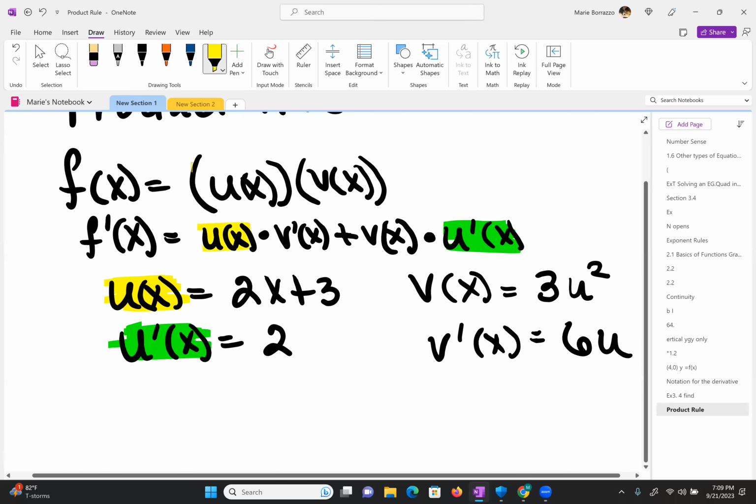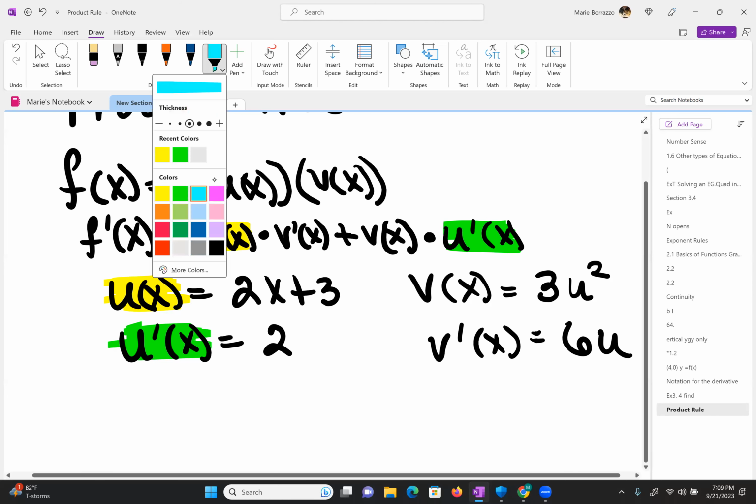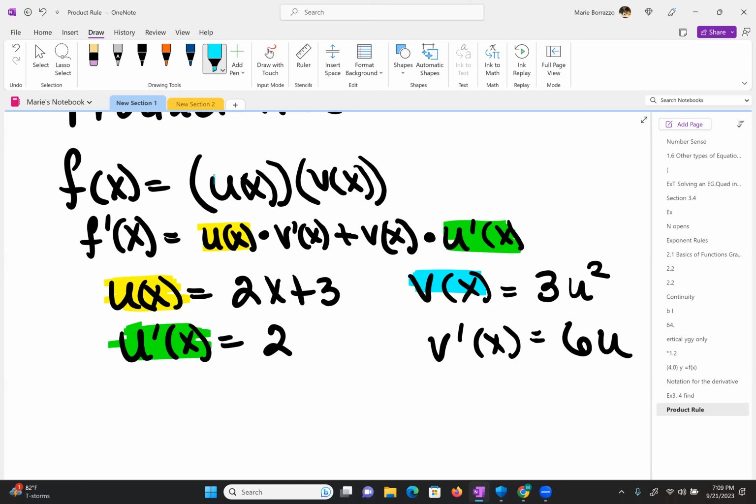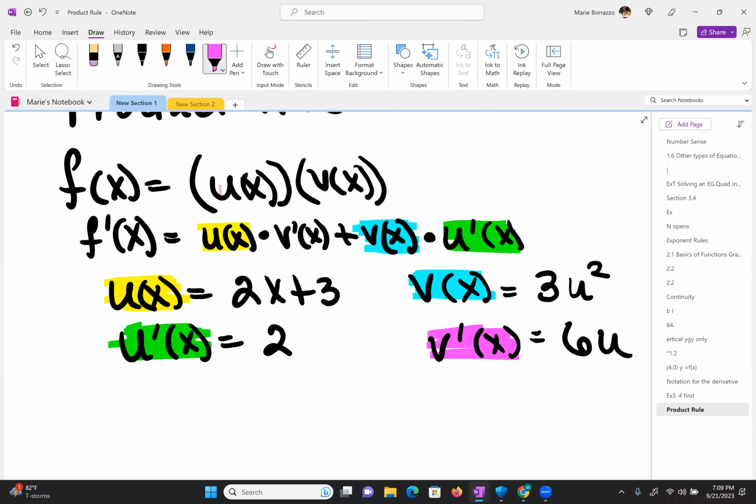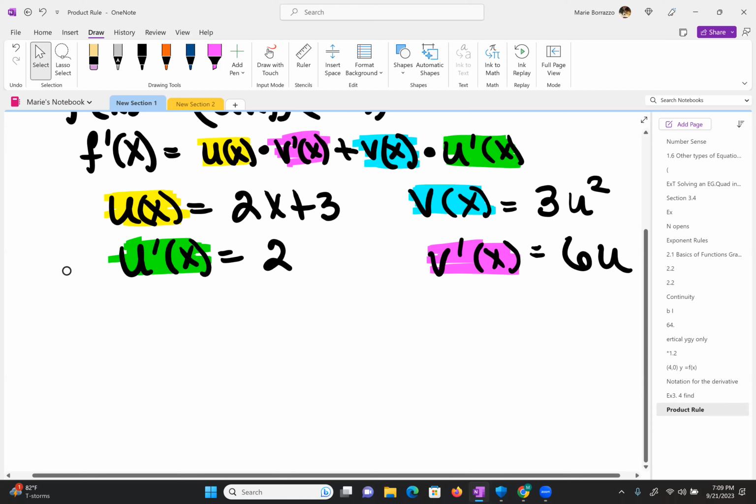Okay, so if that helps. And here's v of x. Let's go with teal for v of x. And that's sitting right here. And that gets multiplied by the purple or the pink color v prime of x, the first derivative. If it helps you, just throw it in like this. Product rule is probably the easiest one of the two because of the fact that it's positive.